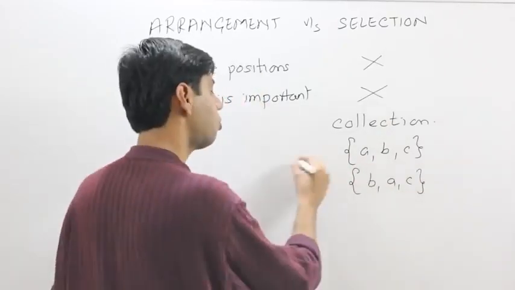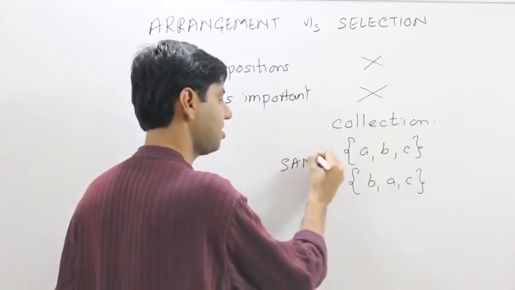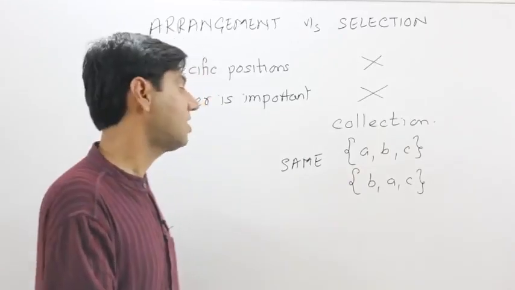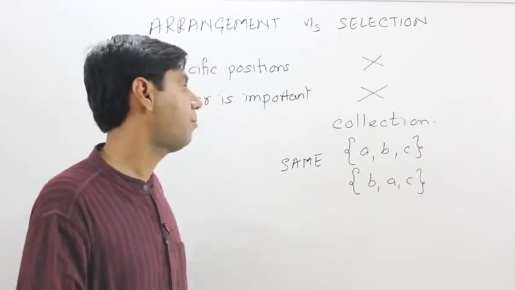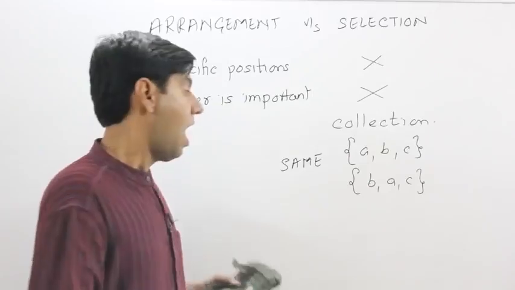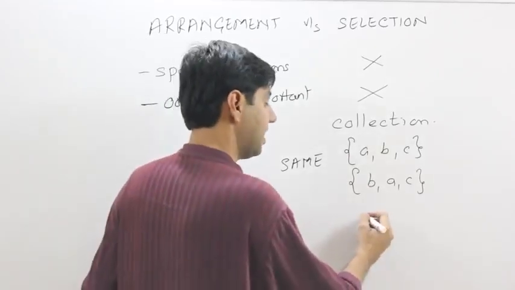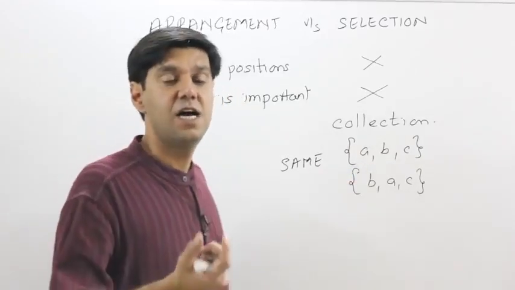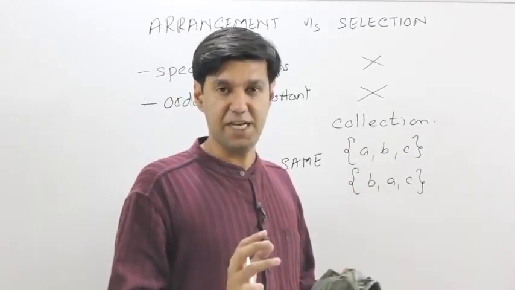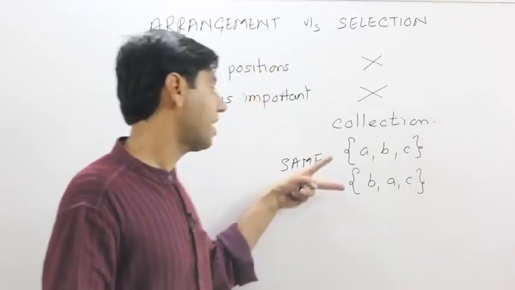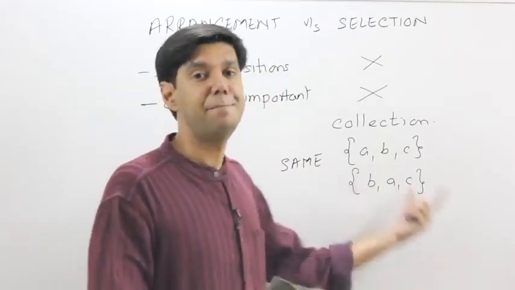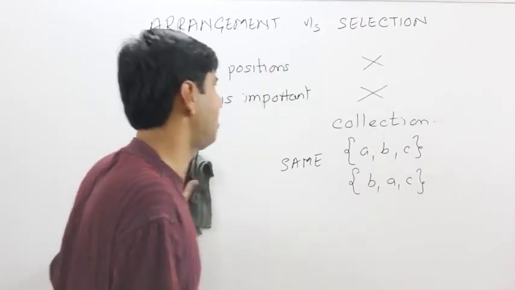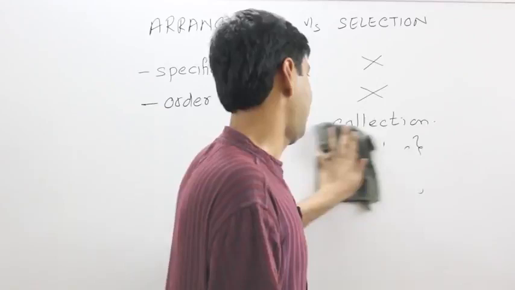So both of them are the same collection of objects or a selection of objects, whichever way you want to frame it. So what we are saying is that the order is not important in a collection. Ask yourself a question: does changing the relative position change the selected objects? The only way I can get a different selection is by changing the members over there and not the order. So that is the difference between a selection and an arrangement.